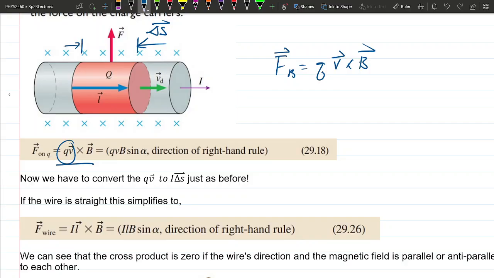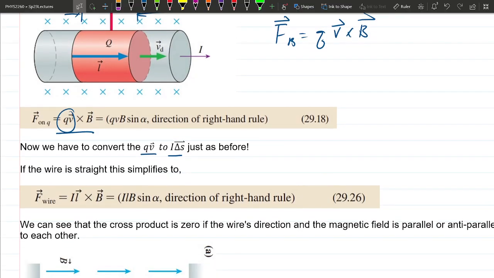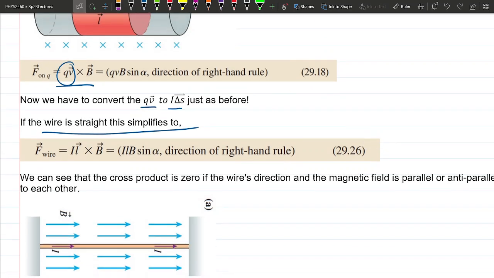So when you do this, charge times V converts to the magnitude of the current times this little segment. When you have a long wire of some length L, and this wire has to be pretty straight, then you can convert this magnetic force equation on a single charge to a magnetic force equation on a wire. And this is valid as long as the wire is straight.